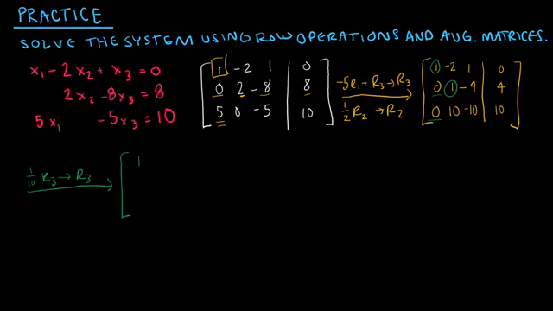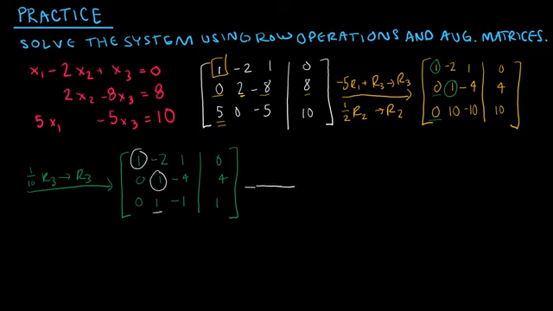And that gives me 1, negative 2, 1, 0, 0, 1, negative 4, 4, and 0, 1, negative 1, 1. So now I again have the ones where I want them. I need this guy to be a 0.